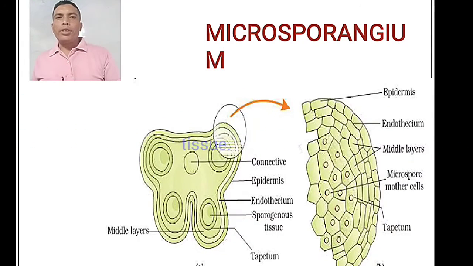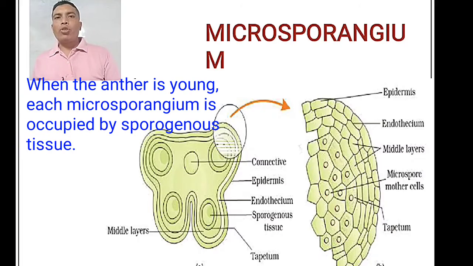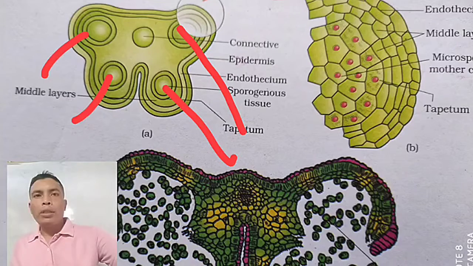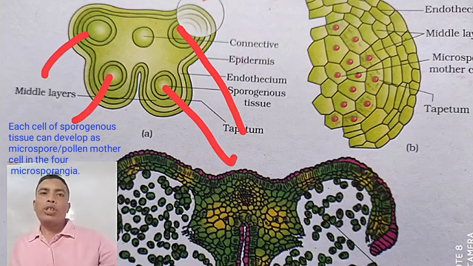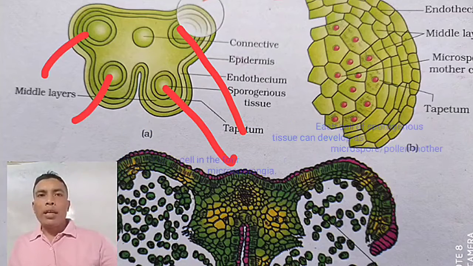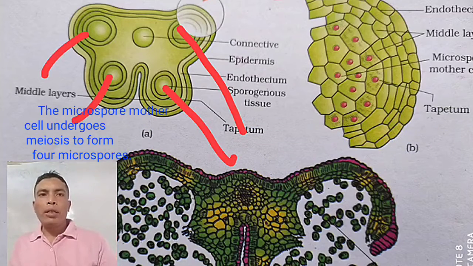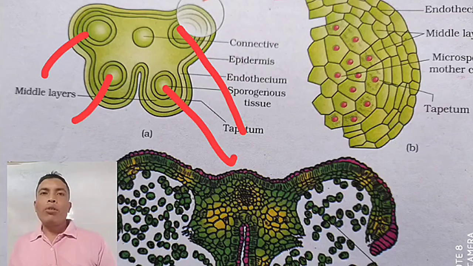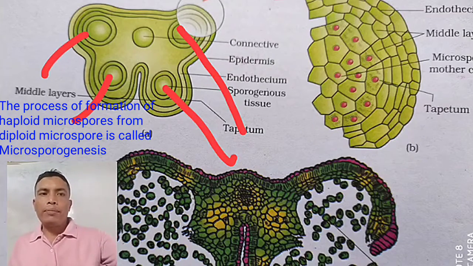When the anther is young, a group of compactly arranged homogeneous cells called the sporogenous tissue occupies the center of the microsporangium. Each and every cell of sporogenous tissue can act as a microspore mother cell, and the microspore mother cell undergoes meiosis to form microspores. This process is called microsporogenesis.